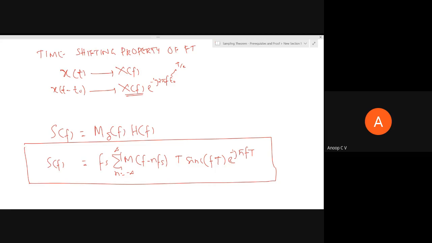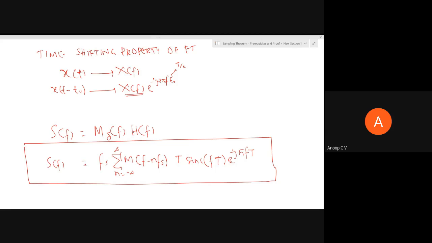Later on we verified that we can obtain the pulse amplitude modulated signal by sampling m of t, and passing the sampled signal through an LTI system with impulse response h of t, a rectangular impulse response. If we pass it through that, we will get our PAM signal. So we'll get our S of f.